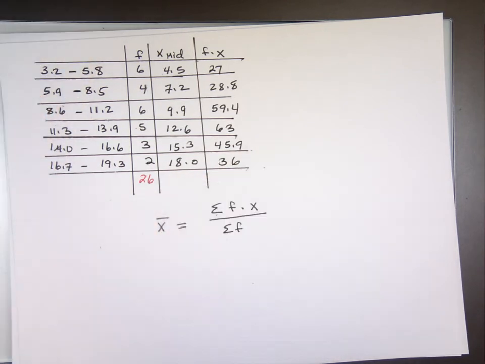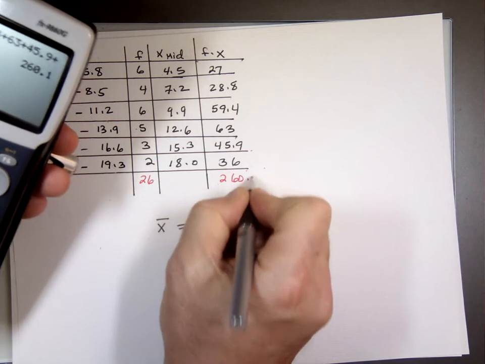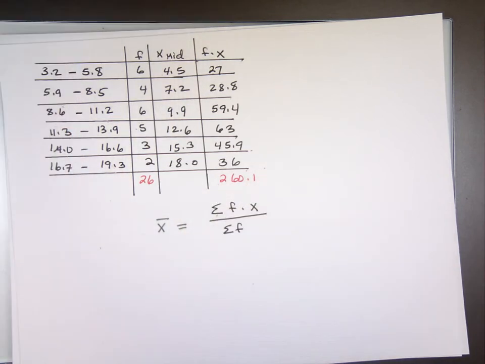Let's add them all. 27 plus 28.8 plus 59.4 plus 63 plus 45.9 plus 36 equals. If I add all the right buttons here, that's 260.1 divided by 26.